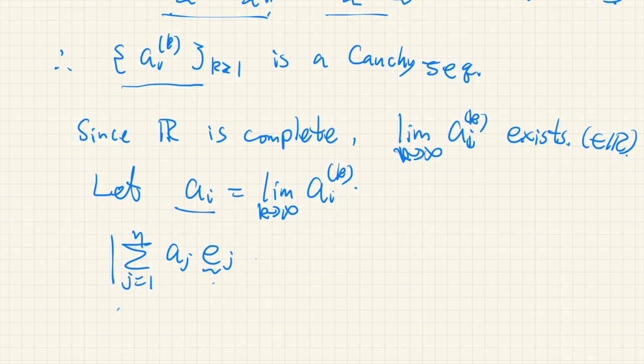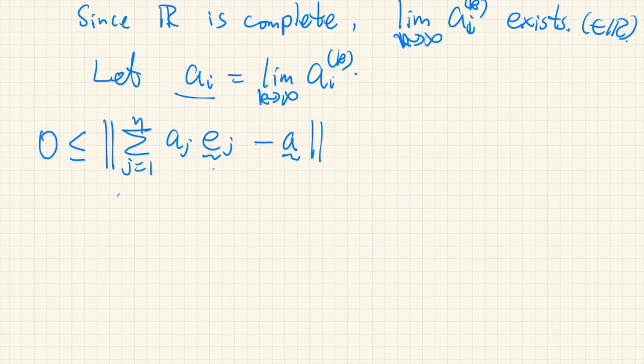So let's take the difference between this vector and a. The norm is greater than or equal to 0, of course. And using the triangle inequality, for any k, we have this: the norm of the sum of a_j e_j minus a_k, plus the norm of a_k minus a. So this k is arbitrary.